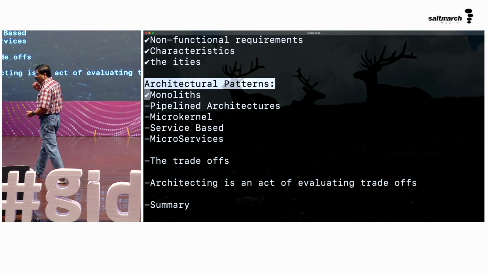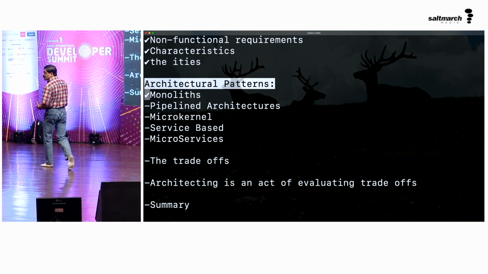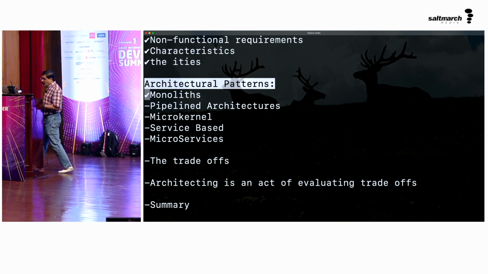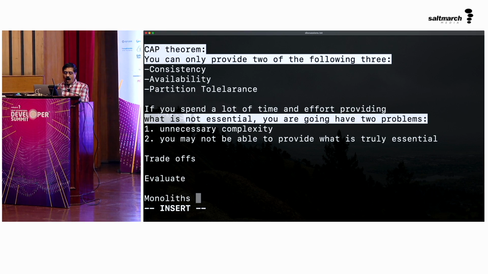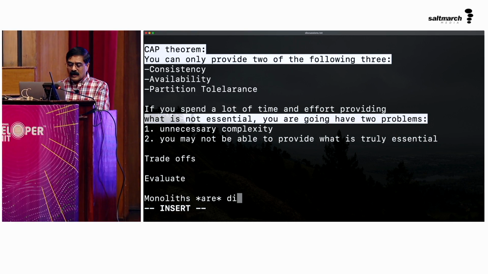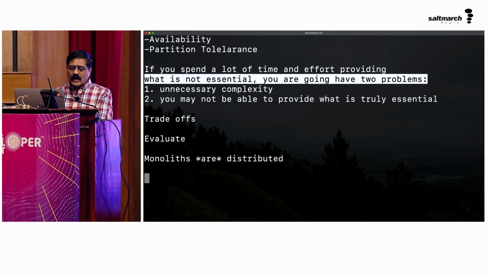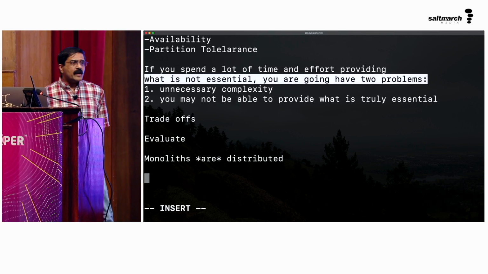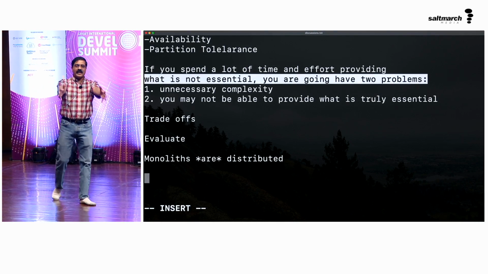One such example is this idea of monoliths versus distributed systems. And the unfortunate part is this, and I want to emphasize, monoliths are distributed. So in fact, I want you to think about this. When was the last time you ever implemented a monolith that was just one big blob and had nothing else?